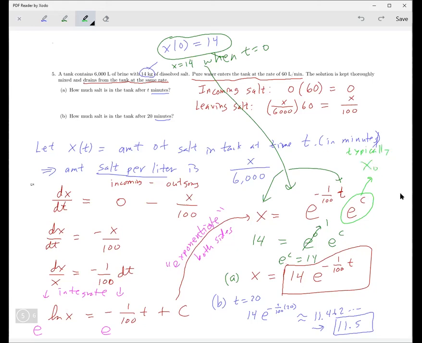So your equation would be x equals x0 e to the negative 1 over 100 t. That's the initial amount. It's 14, and it turned out to be 14 in this case, but sometimes they don't give it to you. So that's typically how people would denote this.